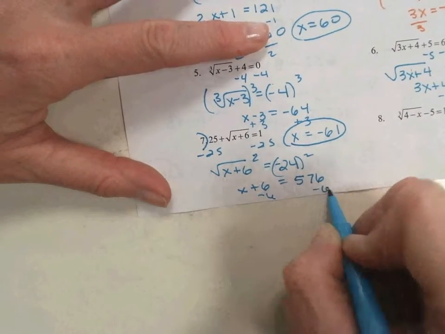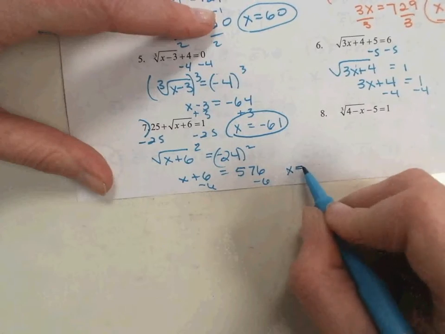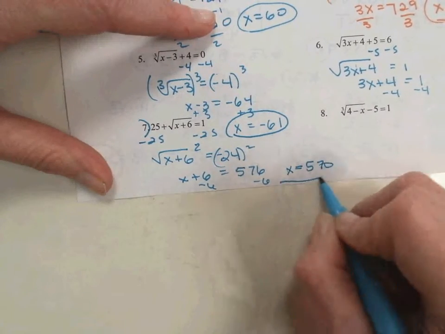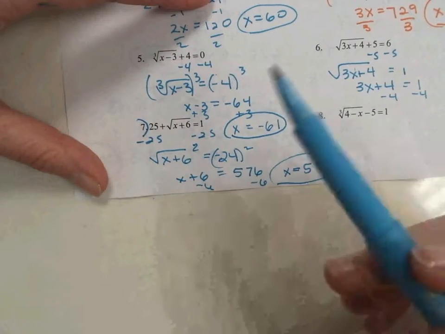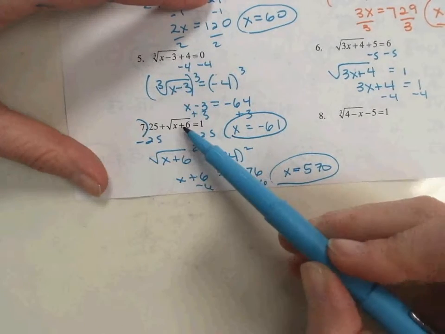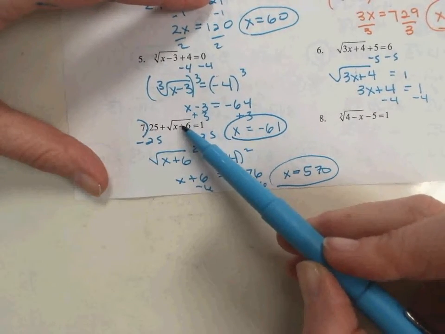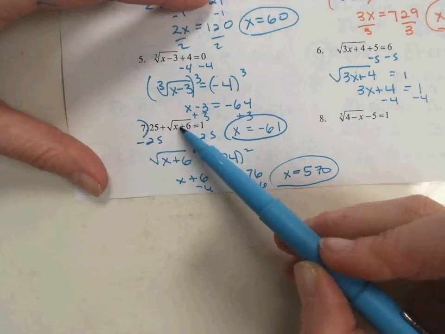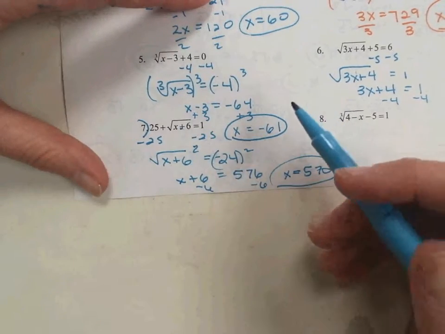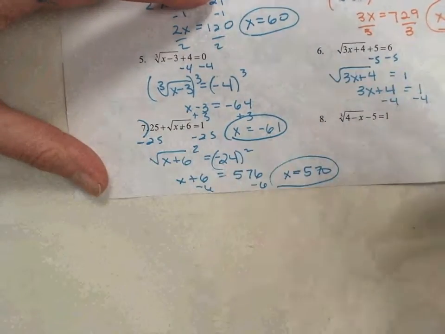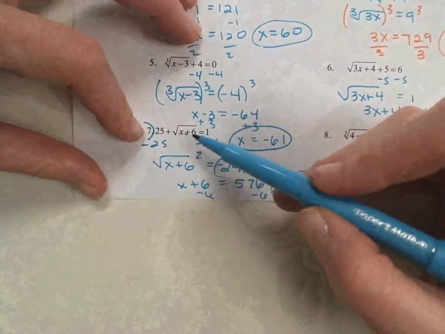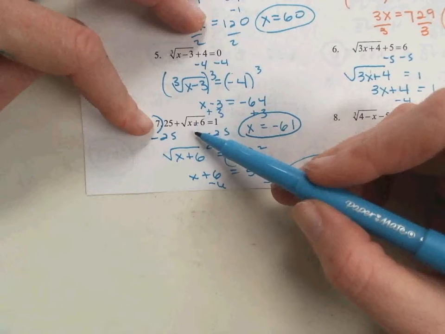Then subtract 6 from both sides. X equals 570. Let's do that mental check. We plug 570 back in. 570 plus 6 is 576. What's the square root of 576? We're just kind of going in reverse, right? It's positive 24. What's 24 plus 25?